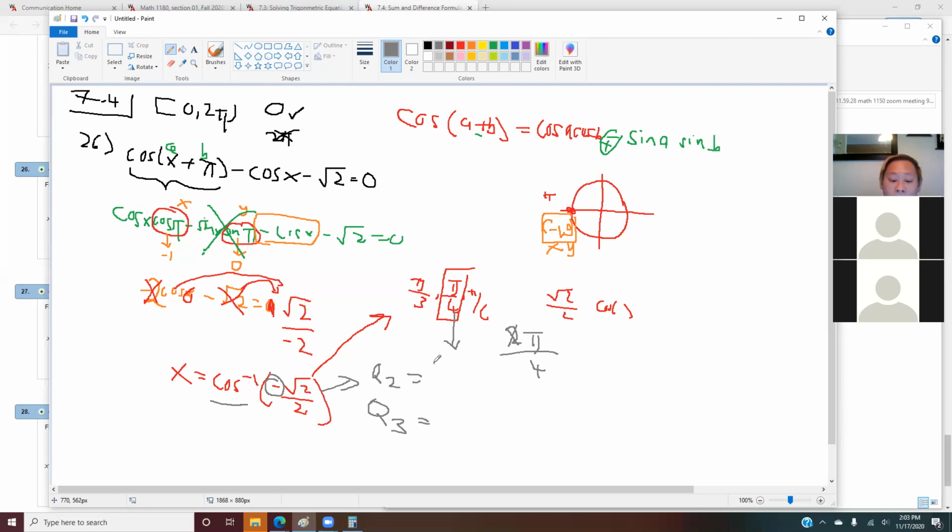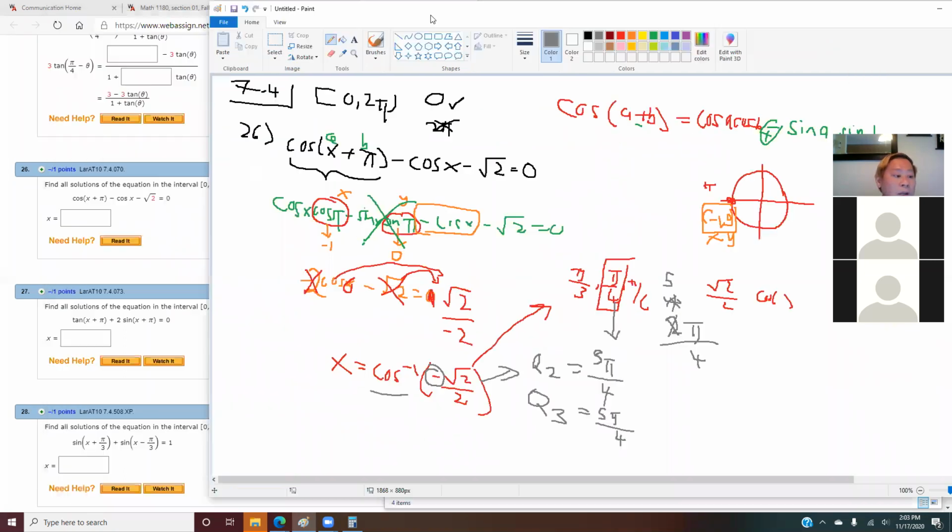So this will be 3 pi over 4. And for quadrant 3, you cannot use 4 because 4 and 4 can be simplified. So it will be 5 pi over 4.